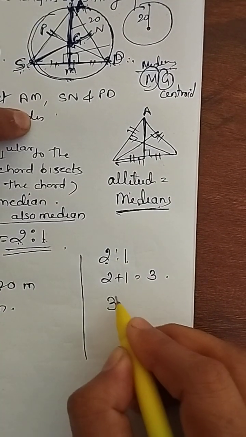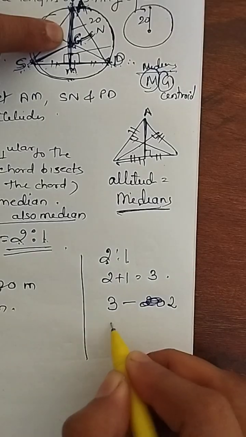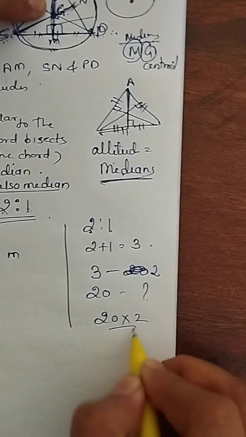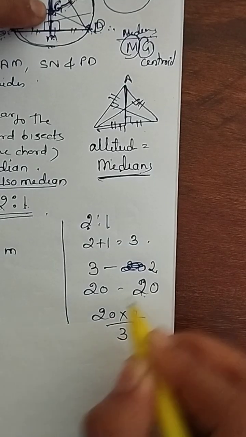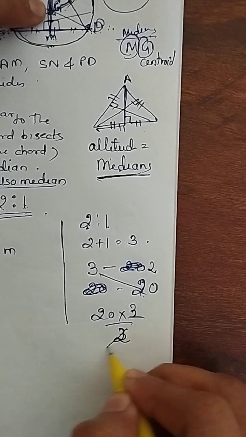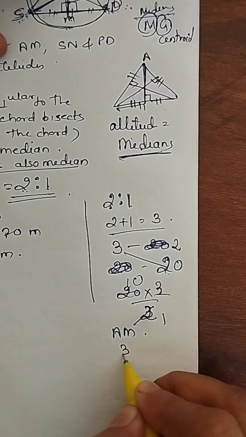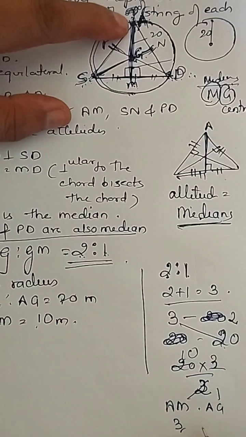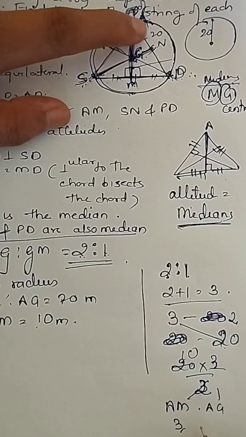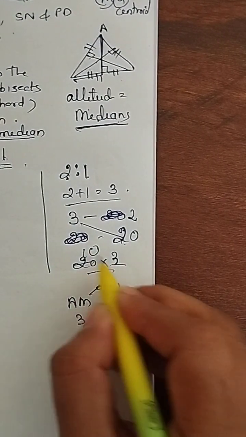When the total AM is 3, AG is 2. But AG is given as 20, so how much is AM? Cross multiply: 20 into 3 divided by 2, so we get 30.